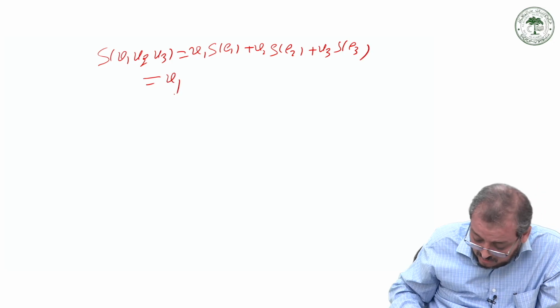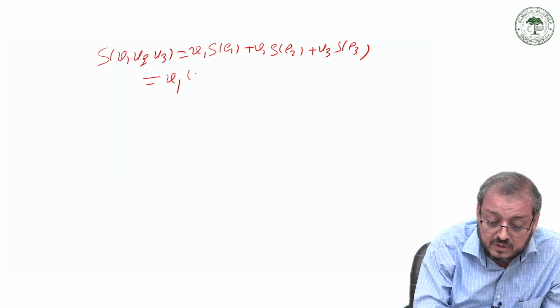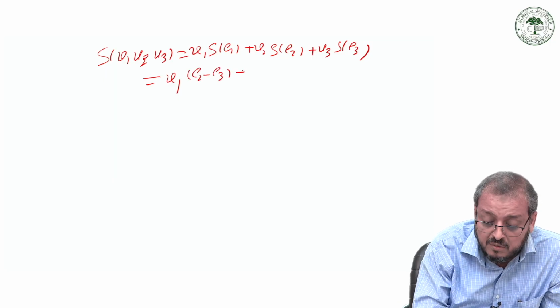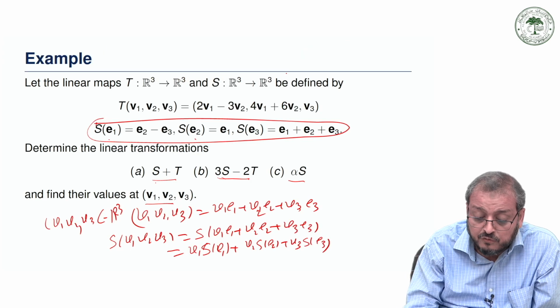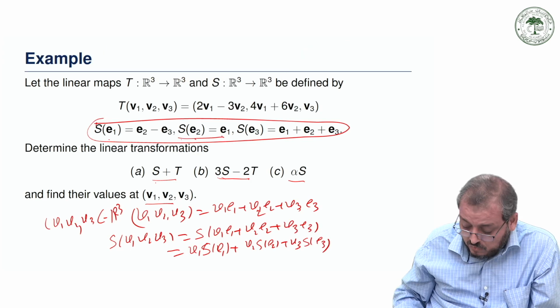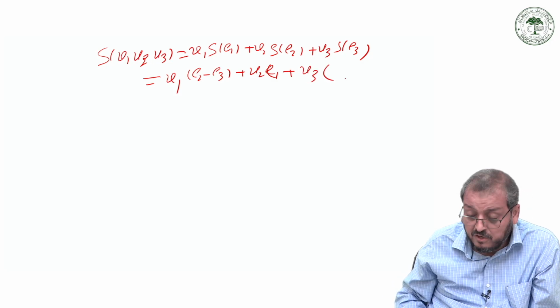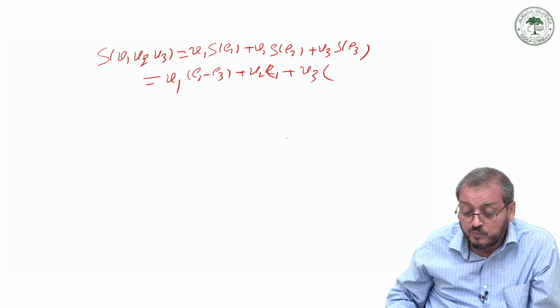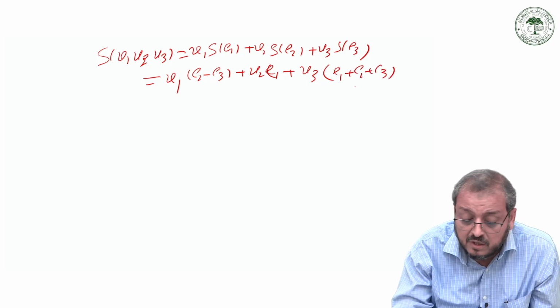Then for v1 S of E1 we substitute E2 minus E3, plus v2 times S of E2, which is equal to E1, plus v3 times S of E3, which is E1 plus E2 plus E3.